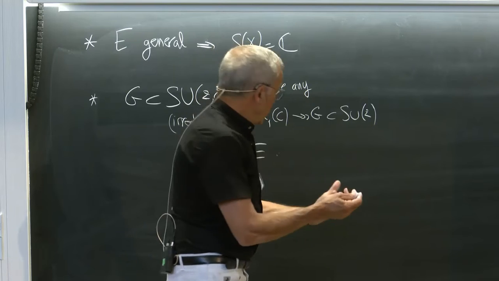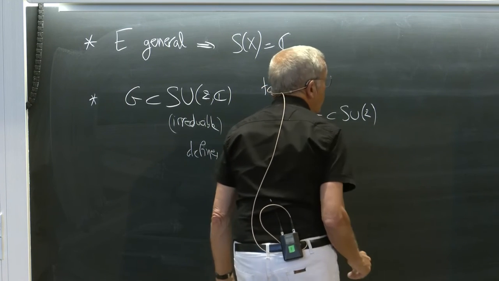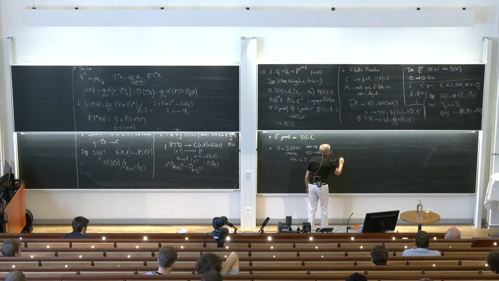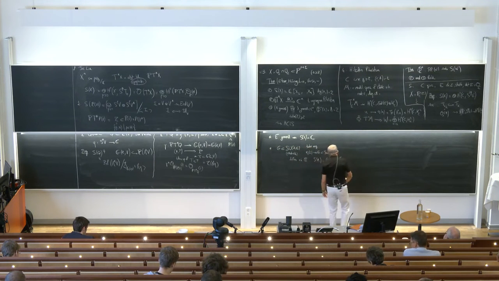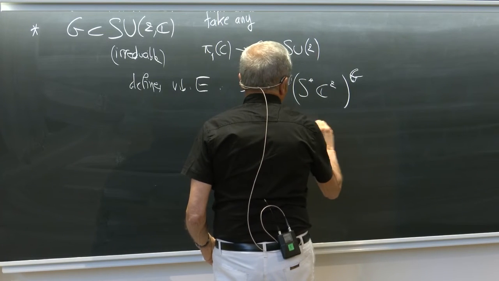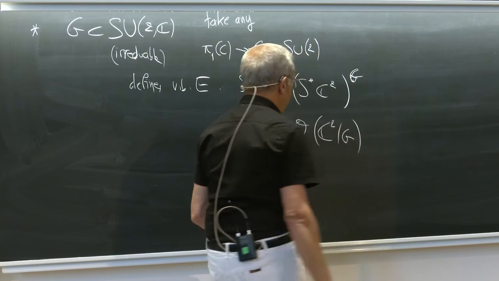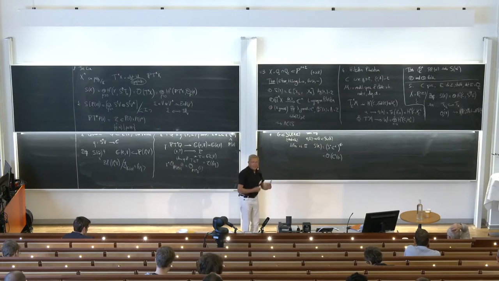Well, it's easy to see that S(X) is just the direct sum, I mean, the symmetric algebra of C^2 invariant under the action of G. And of course, this is also, if you prefer, the algebra of functions of the quotient C^2/G. This is something which is well known since Felix Klein. We have a nice equation.